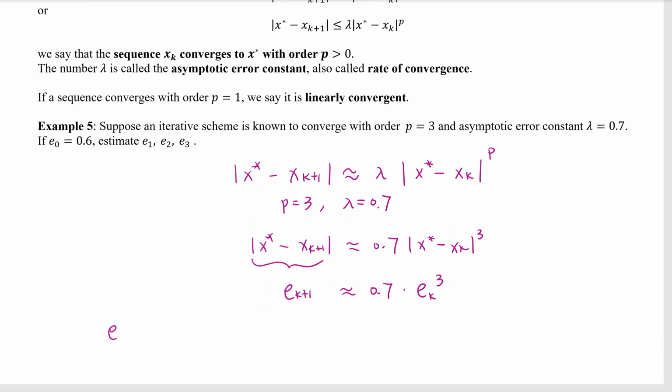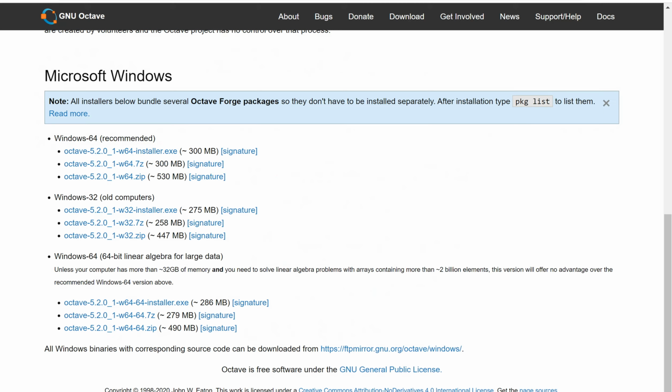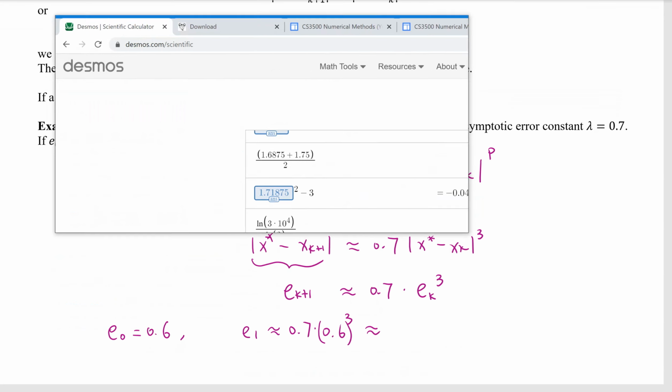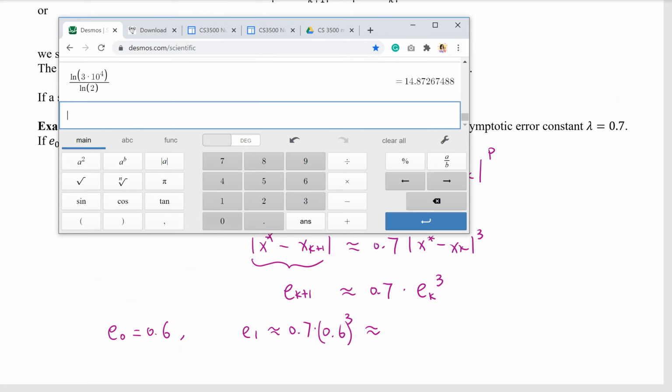And E0 is 0.6, then E1 is approximately 0.7 times 0.6 to the 3. Let's see, where is my calculator? Here it is. So 0.7 times 0.6 cubed is 0.1512.